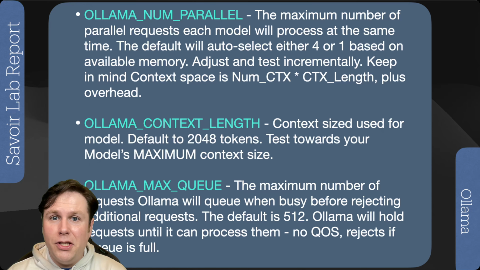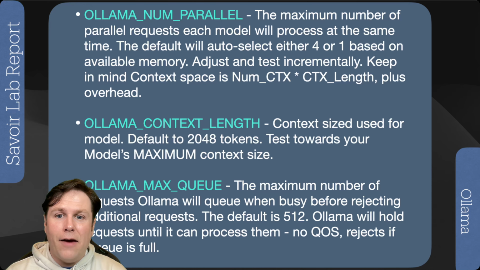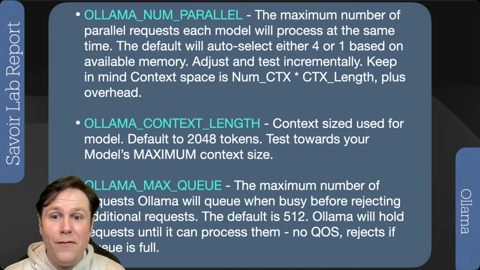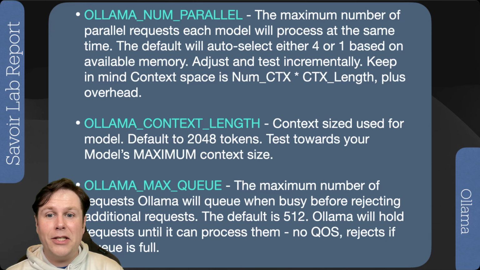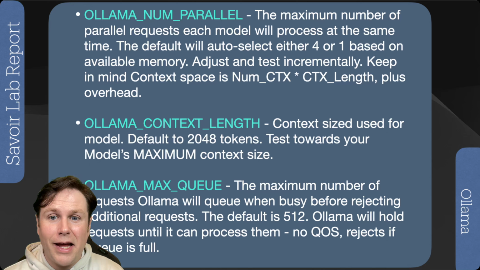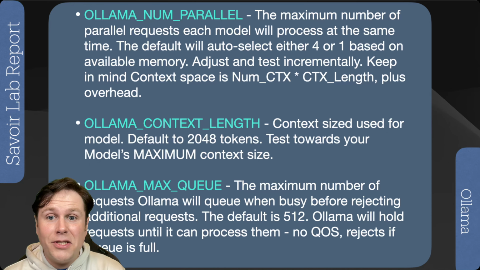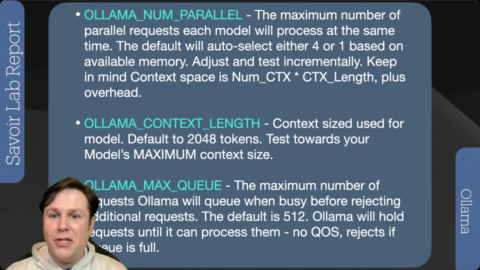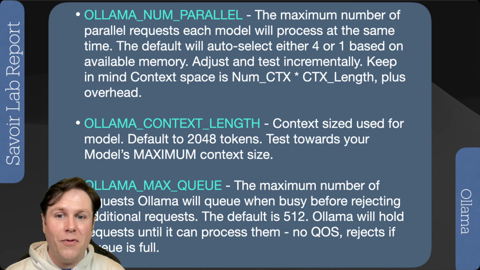As for max queue, I have to be very clear here that there's no quality of service around this. If you are sending in requests and they're being queued up by Ollama, at a certain point that queue gets full and it'll just start rejecting those requests. And also, if they are in the queue and you set that queue to a very large size, as soon as you send them in there, technically they're waiting around to be processed, and it could be several minutes before one gets picked up and processed.